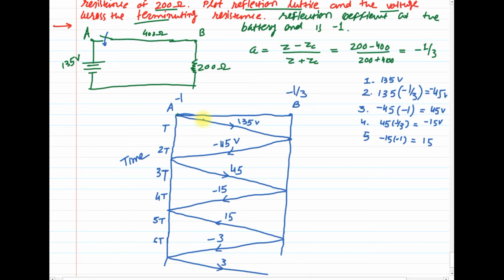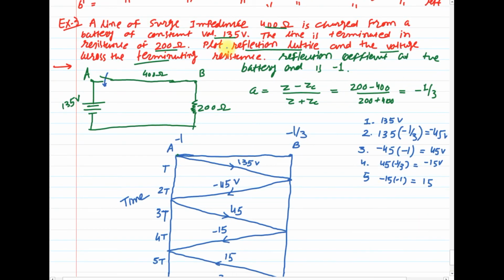And then, with respect to time, the transient traveling on this transmission line will die out. So this is how we will calculate, or plot, the reflection lattice for the given system.